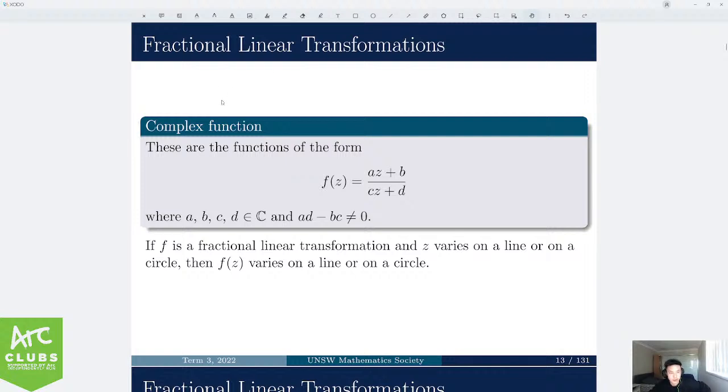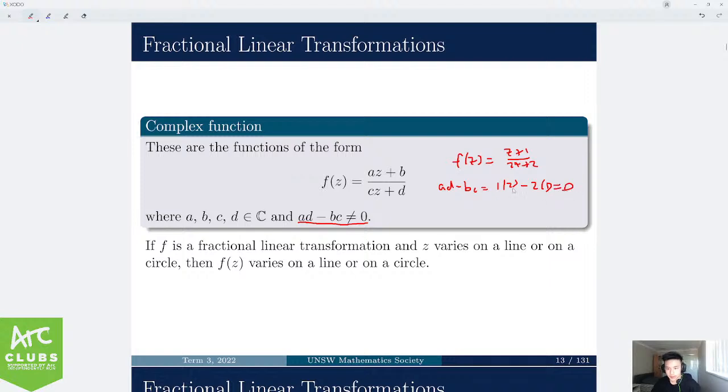Next part is the fractional linear transformations. These are functions of the form az plus b over cz plus d, where the coefficients are complex numbers and ad minus bc is not equal to 0. We need this condition because, for example, if we had f of z equals z plus 1 over 2z plus 2, then ad minus bc equals 1 times 2 minus 2 times 1, and that's going to equal 0.